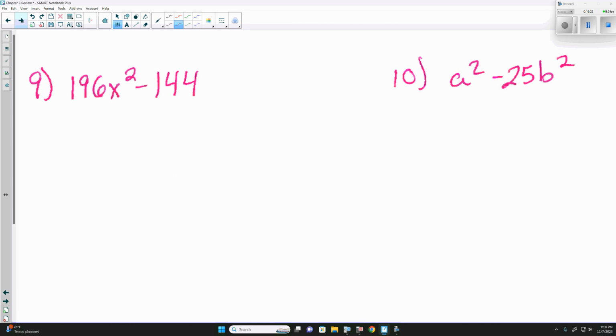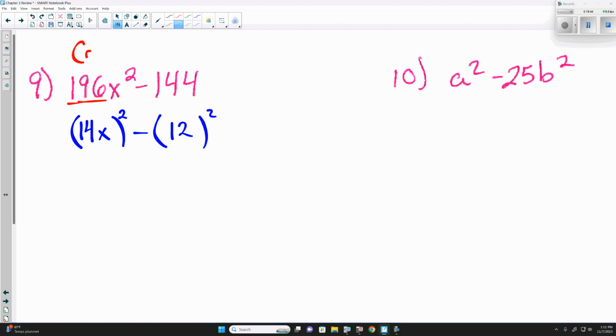Let's look at number 9. 169x squared minus 144. Is 169 a perfect square? What would it be? So 13 and 13. And x squared is x squared. What times itself is 144 is 12.